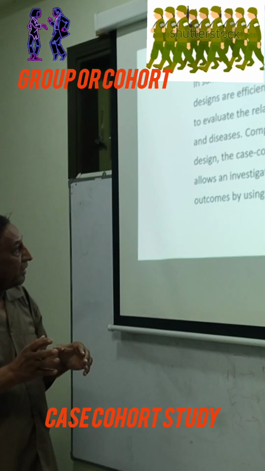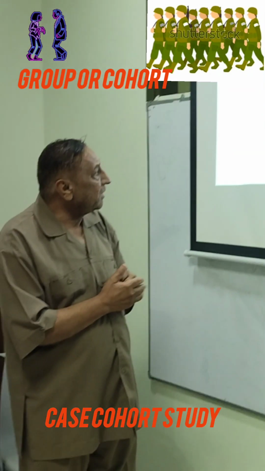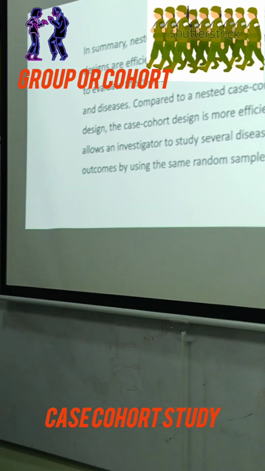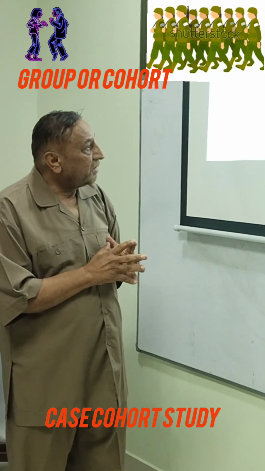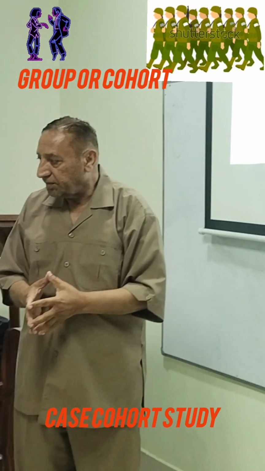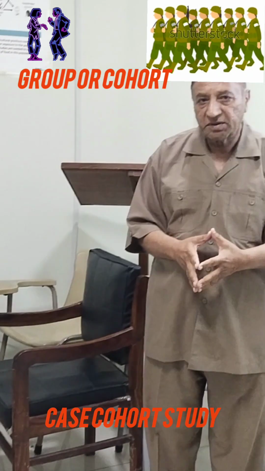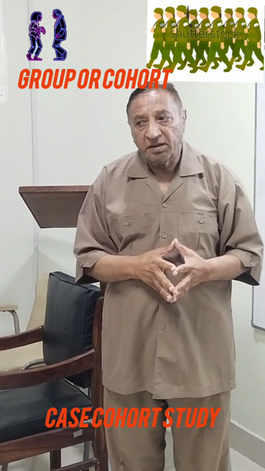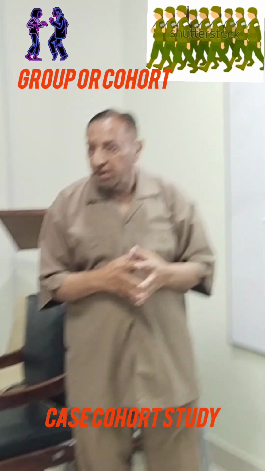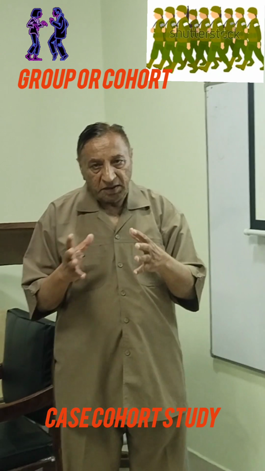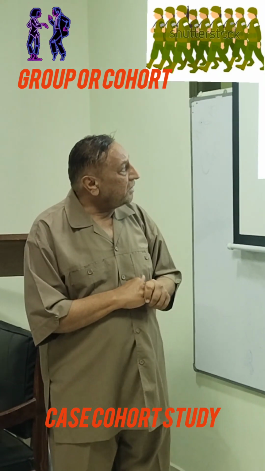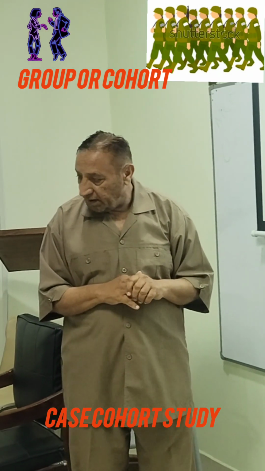Keep that in mind: it is more efficient, and allows an investigator to study several diseases or outcomes by using the same random sample. Within that same random sample, all the diseases can be studied. So you will save time, you will have efficient data, and the association or hypothesis testing will be better. So I think with this we are ending.